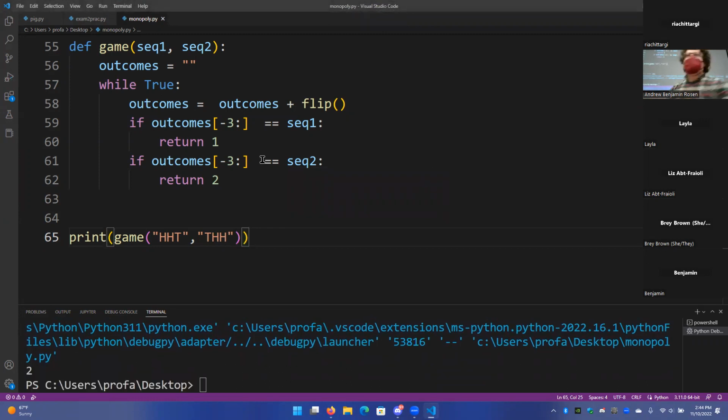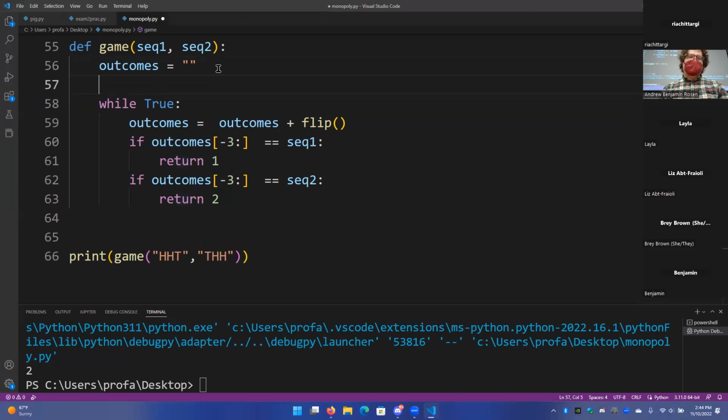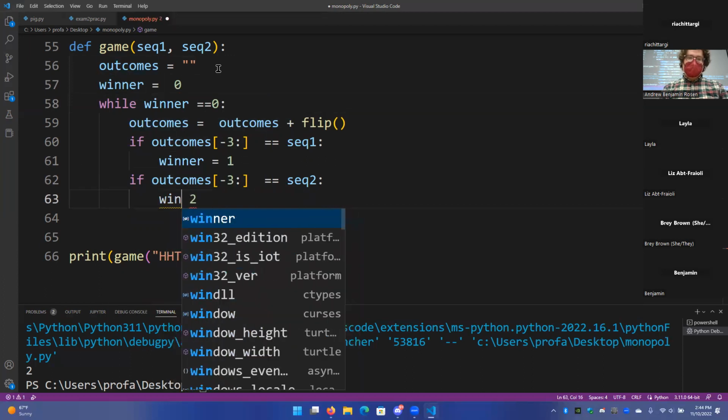So yes, the return ends the function, which, by virtue of ending the function, ends the while loop. Again, if we don't want to do this, we could do it like this: winner is equal to 0, and this is probably the safer way to do it, while winner is equal to 0, and then say winner is equal to 1, winner is equal to 2 over here.